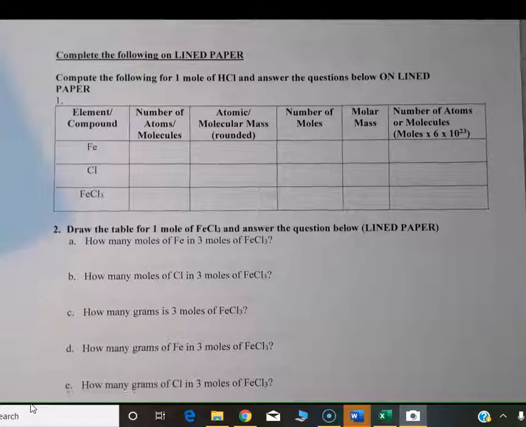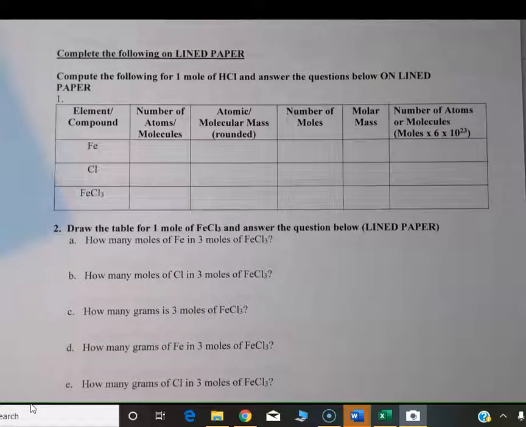Okay, we're going to do a couple more of these, constructing either molecules or formula units, and figuring out atomic mass and molar mass, and number of atoms and molecules in them. And then the second one, I'm going to do something a little different, and I'll show you that. All right? Okay, so let's go ahead and do this.